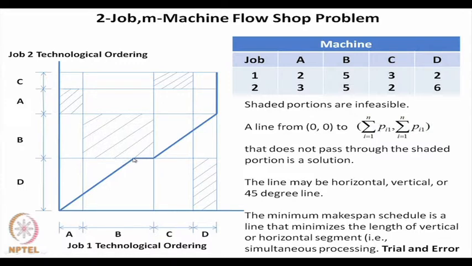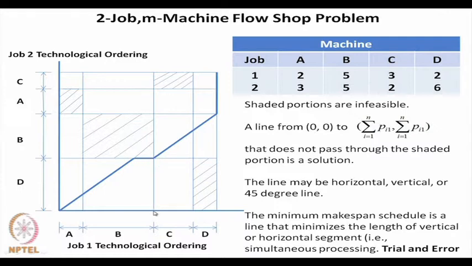So, up to this there is no problem, that means machine D is working on job 2, and at this point machine A has completed its work on job 1 and machine B has taken over.